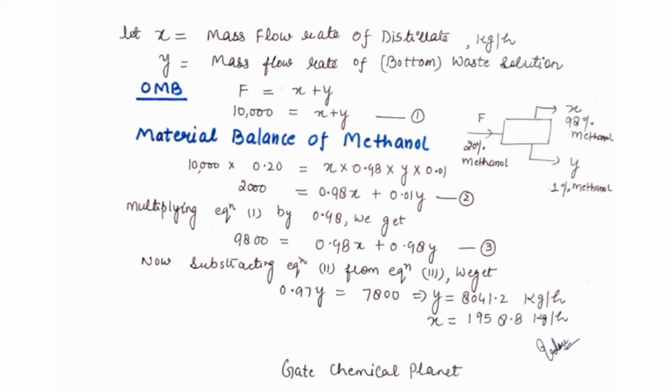Bottom is the waste solution. So we can easily write the overall material balance: F equals X plus Y, and F is already given as 10,000 kg per hour. So 10,000 equals X plus Y, which is equation number 1.